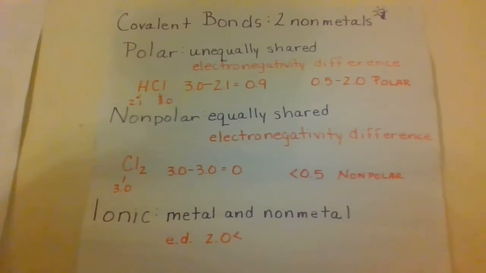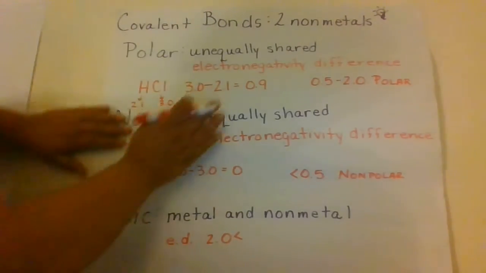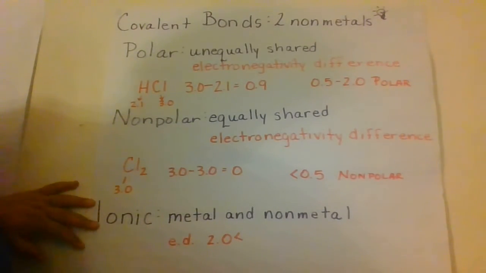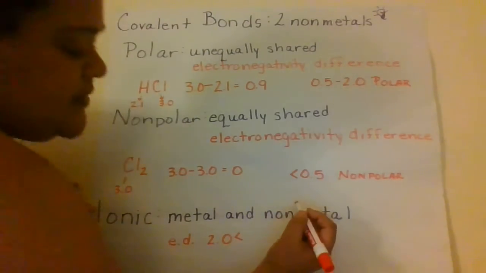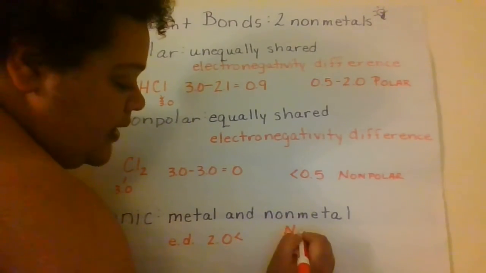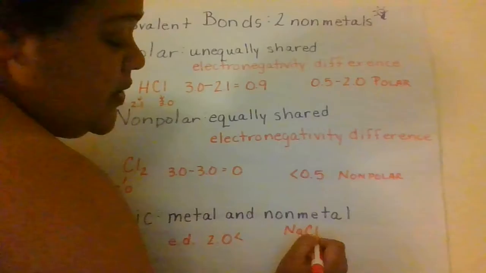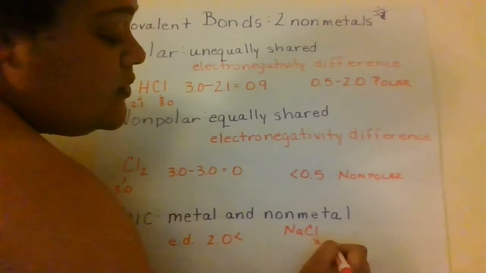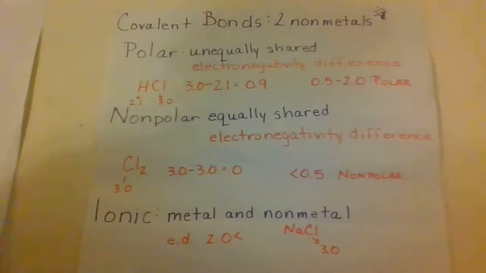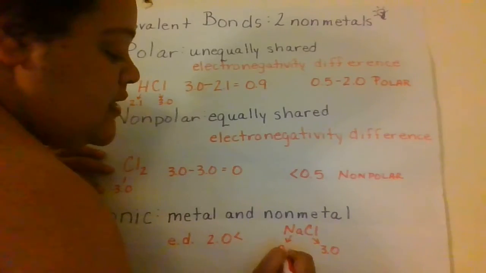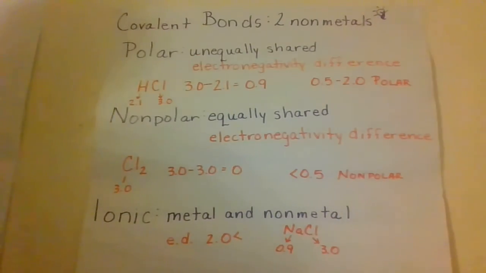Okay, so let's take a look at what happens if we get the difference of a metal and a non-metal, just to see what happens with ionic bonds. So we have sodium and we have chlorine. We've already been working with chlorine, and we know it comes in with an electronegativity of 3.0. If we take a look at whatever electronegativity chart is provided to you, you see that sodium has a 0.9.